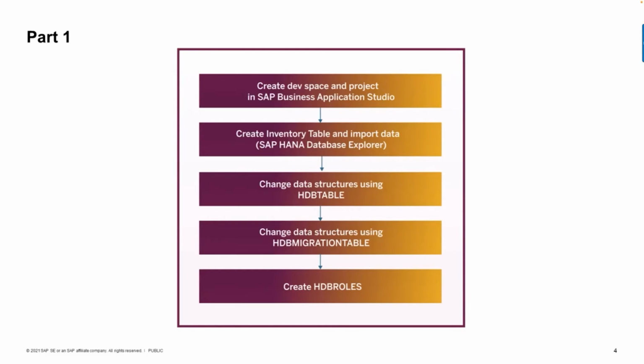You want to have a smarter solution. Therefore, you can have an HDB Migration Table where you also define the table structure, but you give it a version, and below that you describe the migration steps from the previous version to the current version.